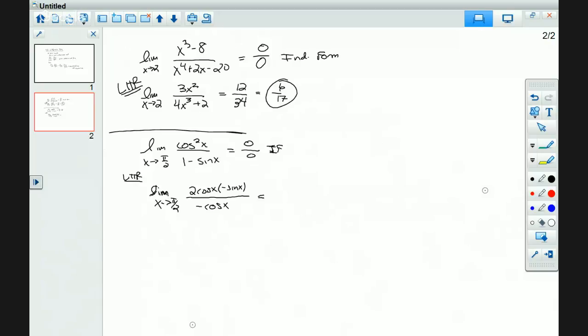Cosine x. Okay, so plug and chug again. Cosine at pi over 2 is 0, right?